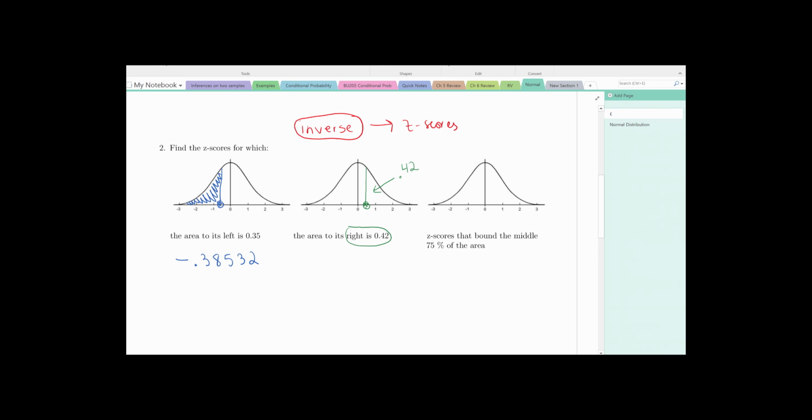Now this area is 0.42, but that's not what I will be plugging into my Excel command. I will be plugging the area to its left, and that's just how the command is set up. So if this is 0.42, then this one is 0.58. That's what I need to plug in. So let's go ahead and do that.